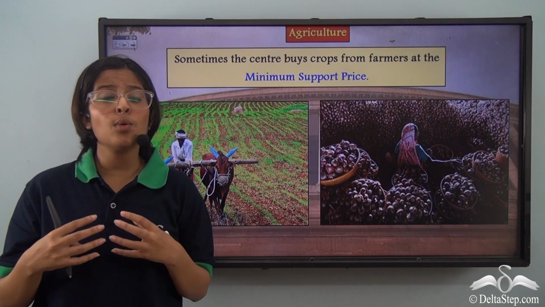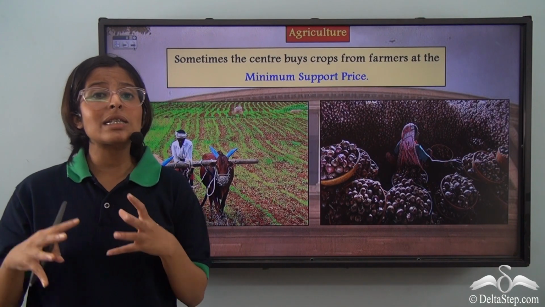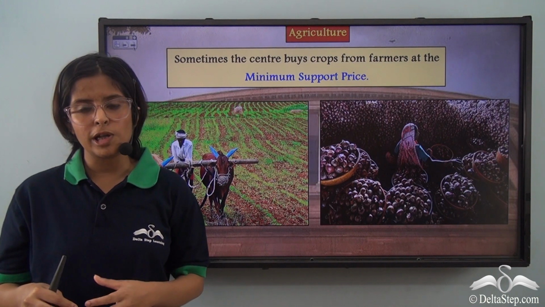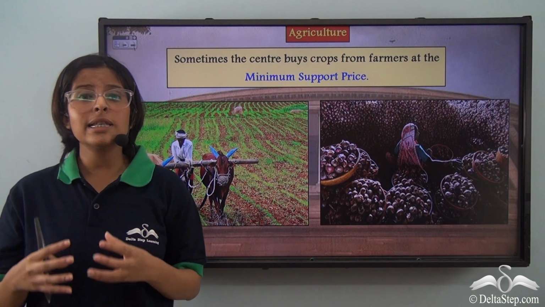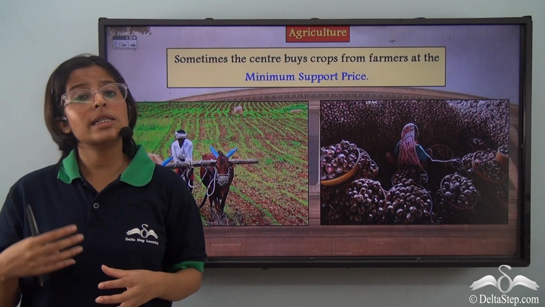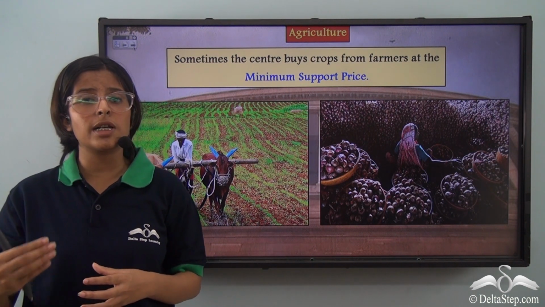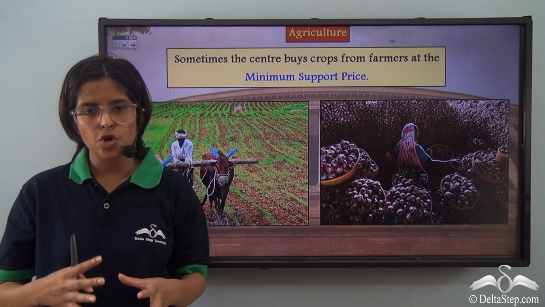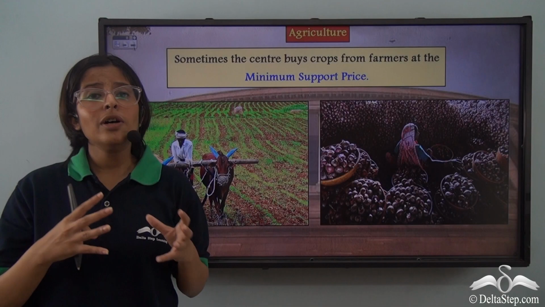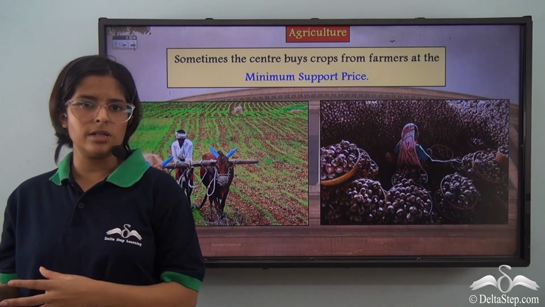But we have to understand that for about 60% of India's population, their primary source of livelihood is agriculture. So the center also has to give certain income benefits or income guarantees which make sure that the farmers have a steady income all throughout the year.